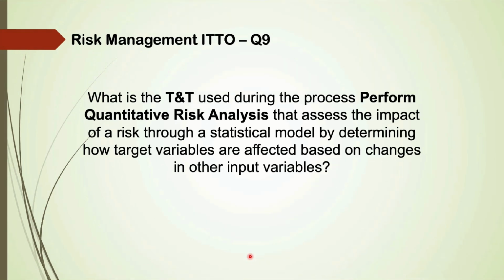Question number 9. What is the tool and technique used during the process Perform Quantitative Risk Analysis that assesses the impact of a risk through a statistical model by determining how target variables are affected based on changes in the input variables?